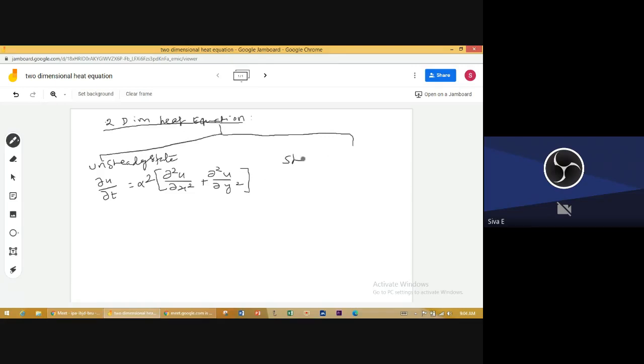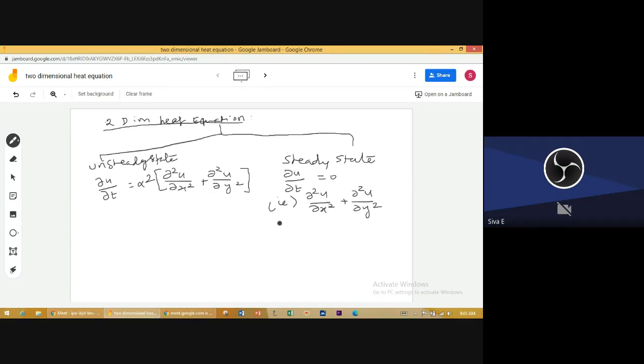For the steady state, this dou u by dou t is 0. That is dou square u by dou x square plus dou square u by dou y square.